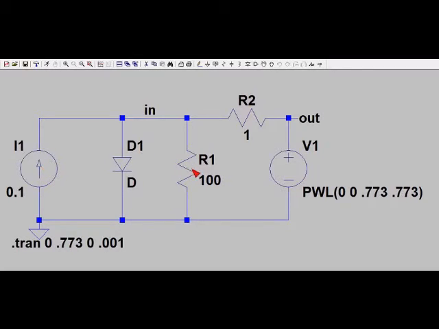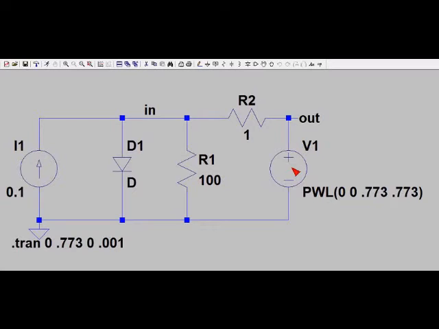Now this resistor R1 models the shunt resistance across the diode, and resistor R2 models the series resistance of the solar cell. Now this voltage source V1 is used to measure the current versus voltage characteristic of the solar cell.